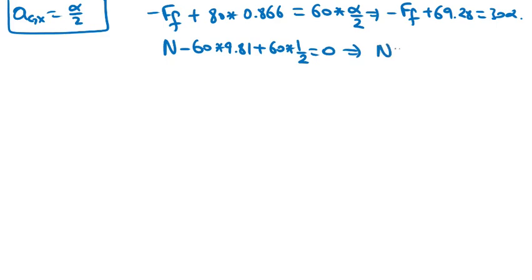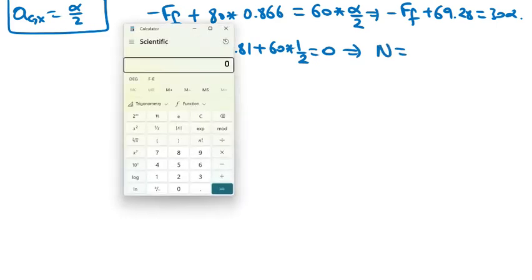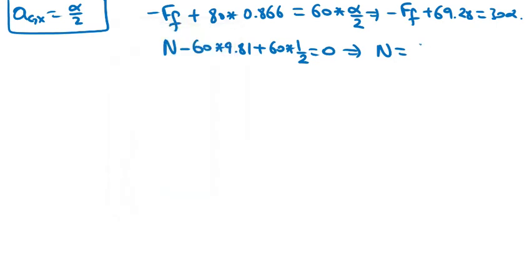From here, N will be 60 times 9.81 minus 40, which gives 548.6 newtons. This is very easy, and then we have found it.